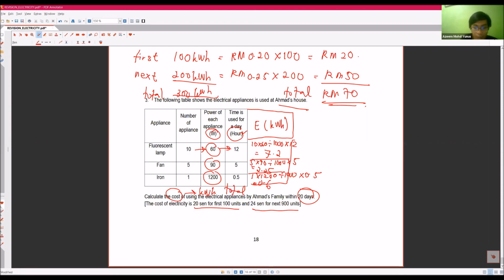Total 7.2 plus 2.25 plus 0.6, we've got 10.05. So that is the energy per day, and for 20 days our energy is 201 kilowatt hour.